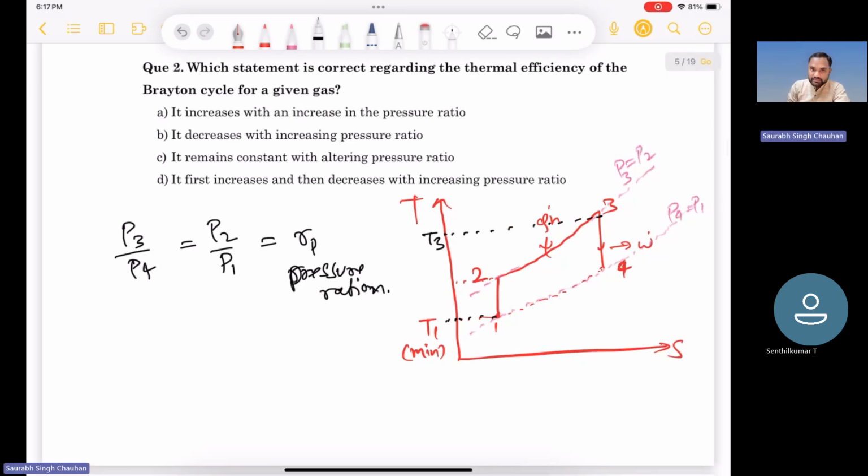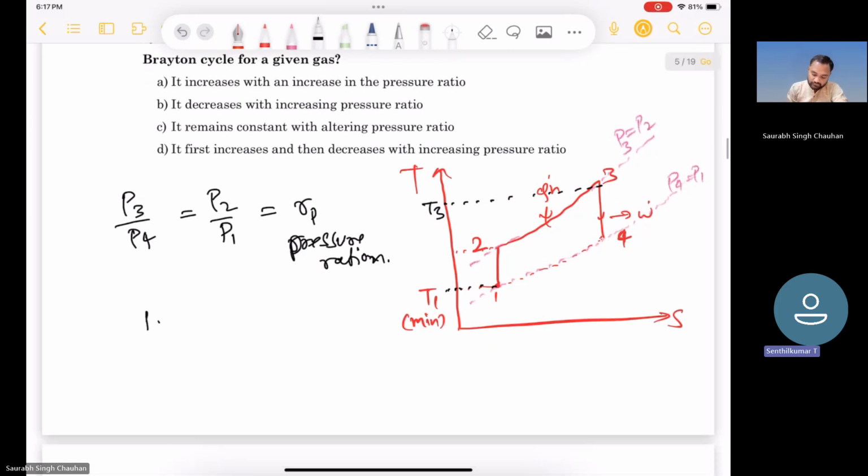So in the lectures, we have discussed the thermal efficiency of the Brayton cycle, right? In terms of pressure ratio. So what is the formula? Do you remember the formula? Yes, sir. 1 minus 1 by RP power gamma minus 1 by gamma.